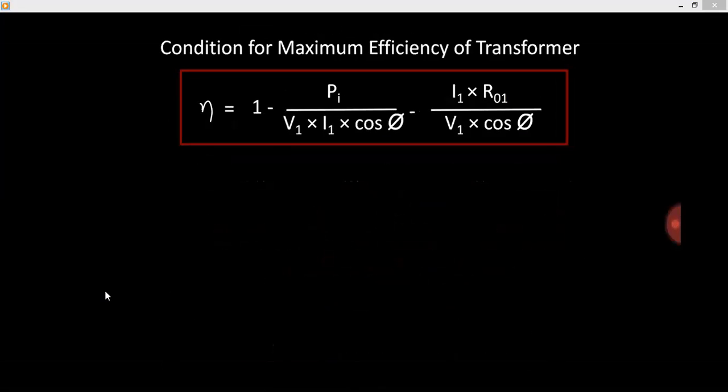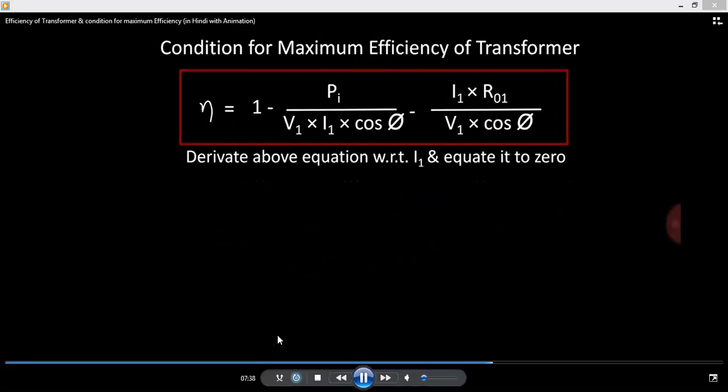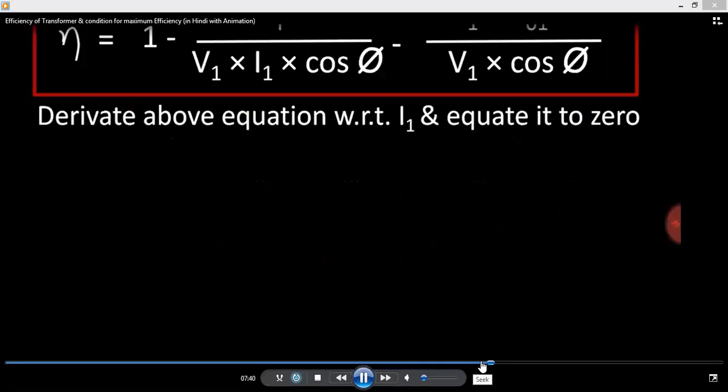Let us differentiate here, put I1, and equate to 0.